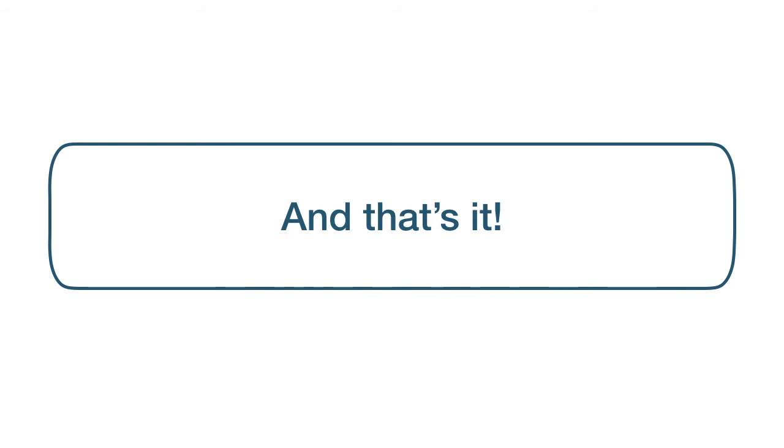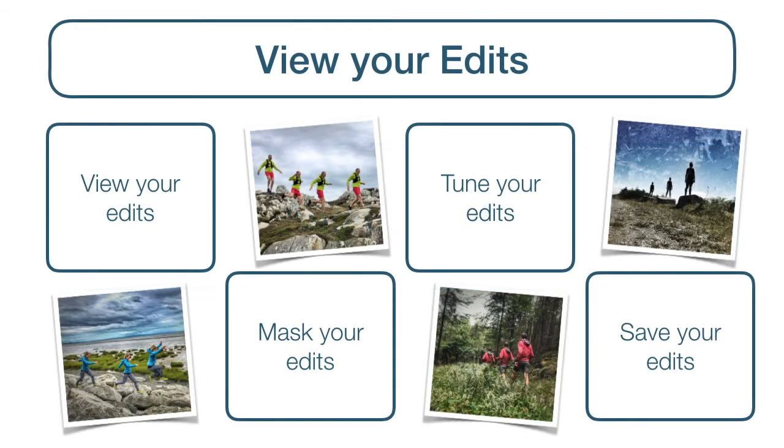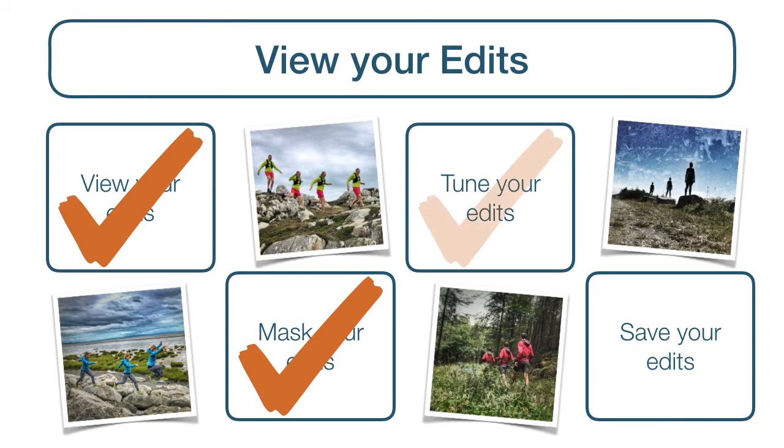And that's it. Now you know how to use the View Your Edits function to adjust and customize your edits in a simple, easily repeatable way. You know how to view, mask, tune, and save your edits.